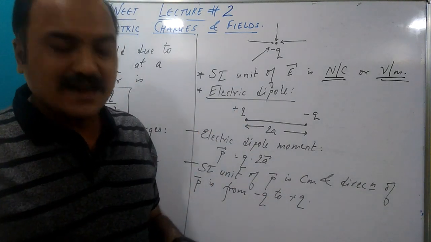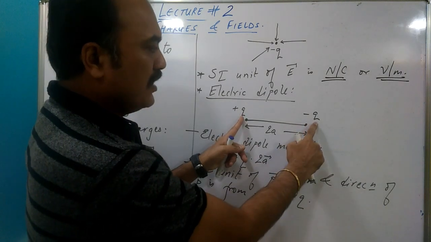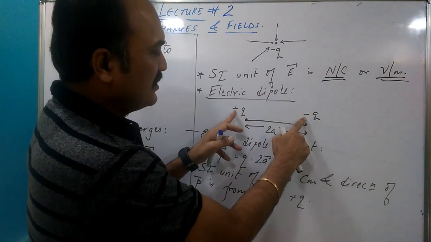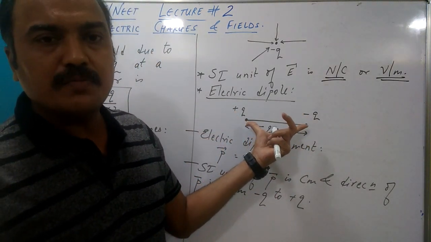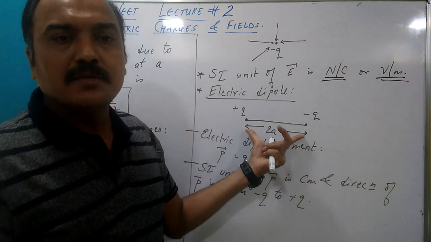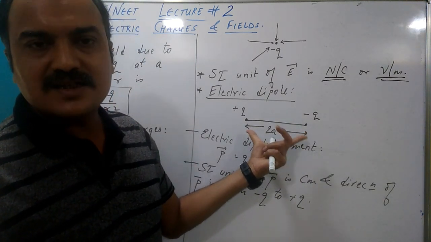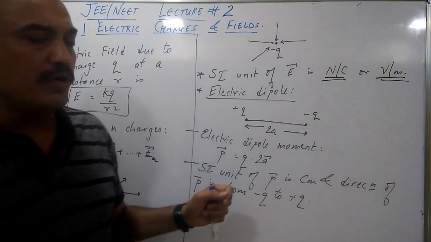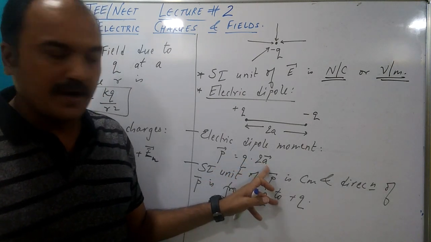Now we go on to what is an electric dipole. A system of two equal charges, Q each, but opposite. This is plus Q, this is minus Q. This is a system of two equal and opposite charges separated by a finite distance. This distance is 2a. This is an electric dipole. A very important quantity is the electric dipole moment, which is given as P bar is Q into 2a bar.